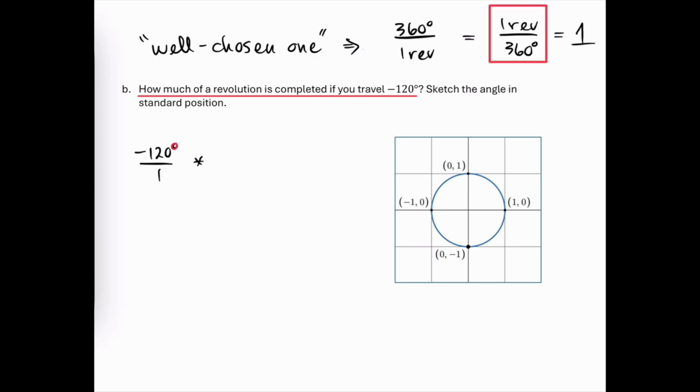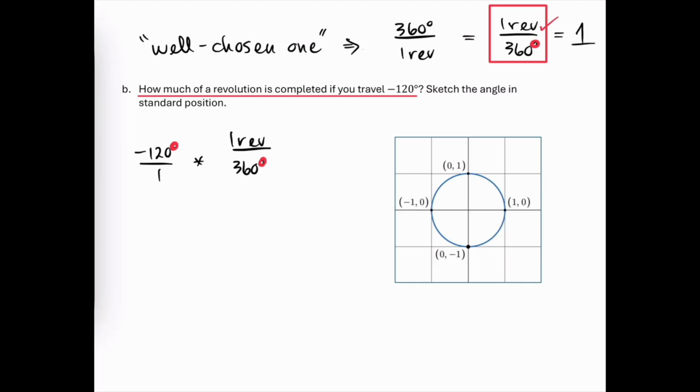Since our degrees is in the top, we want to choose the one that has degrees in the bottom, and then the units of revolutions is going to remain in the top. So this is the version of the well-chosen one that we want to select that will leave the units of revolutions and cancel out the units of degrees.